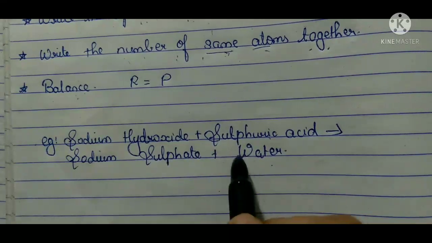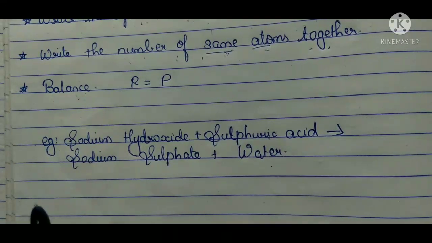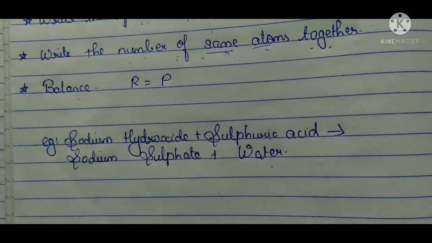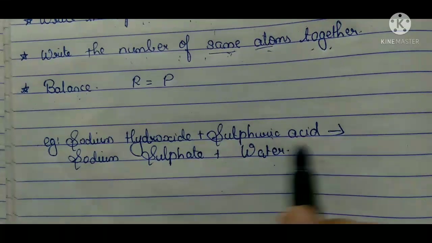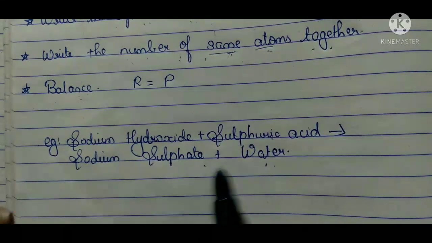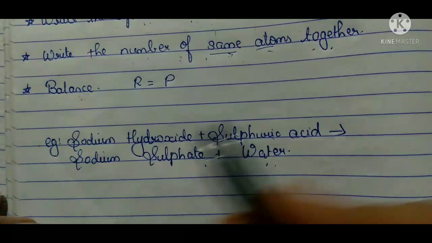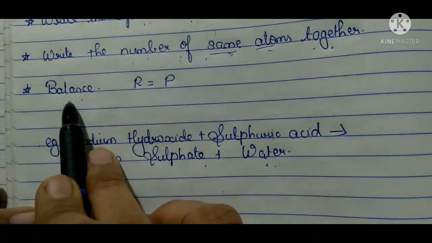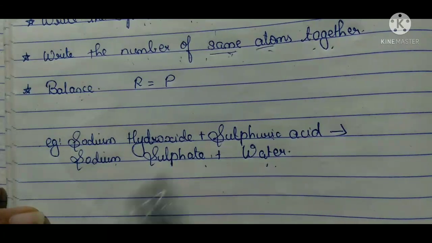While writing a balanced chemical equation, always use a pencil, because you have to erase the numbers and add new numbers. There are lots of trial and error methods here, so to avoid confusion, use a pencil, and at the end when you get the balanced equation, you can use a pen to write.